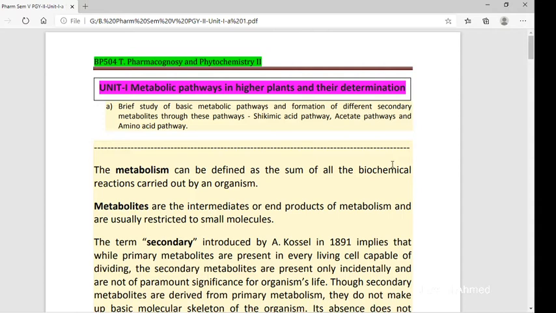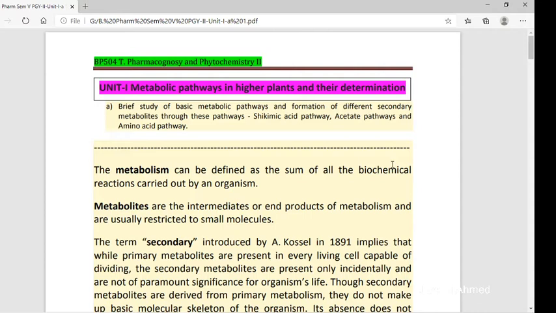So, what is metabolism? Metabolism is carried out in 2 processes. Do you remember what that is? That is anabolism and catabolism.